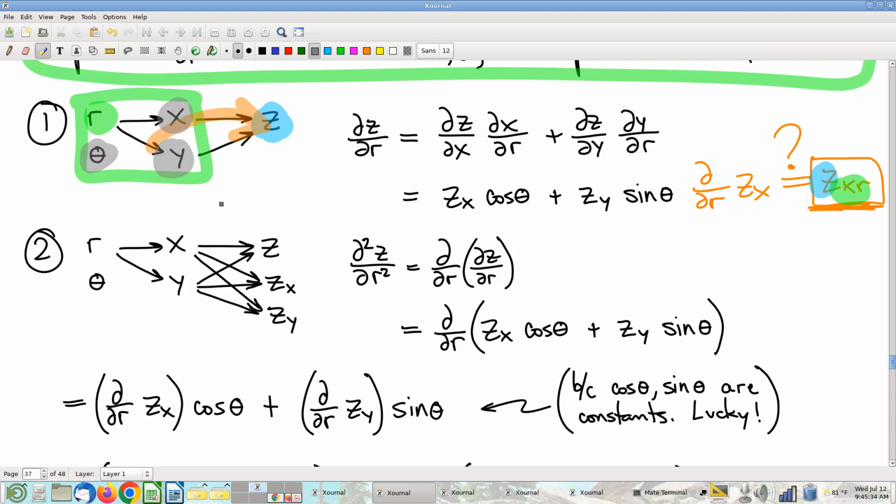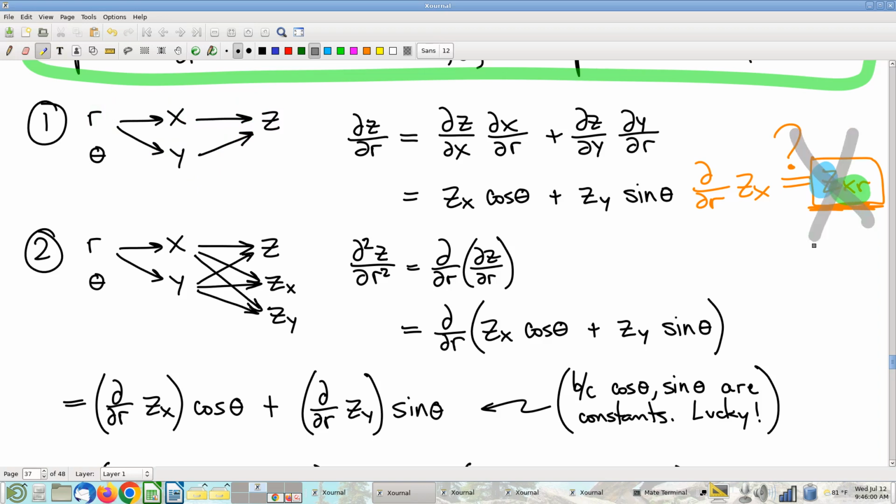There is no way to let r change and have x, y, and theta all stay constant. If you change r, you're going to change x and y. So the whole thing is crash and burn nonsense. Is everybody on board? Does everybody see the problem here? So you really can't just do this.